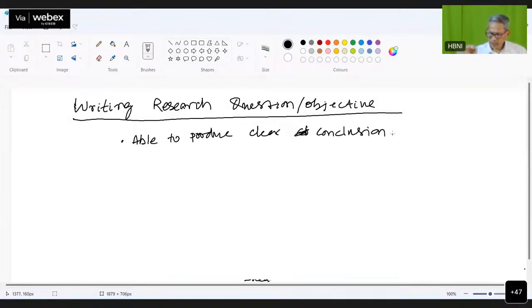You should ask such a research question that should clearly produce a conclusion. We'll see an example also at the end. And before you generate a research question, you must know that your research idea is at the right level.